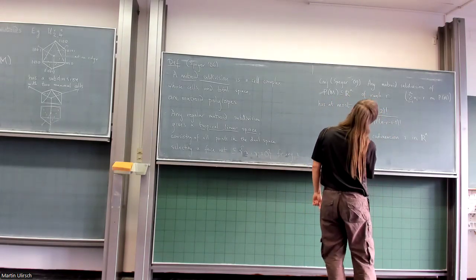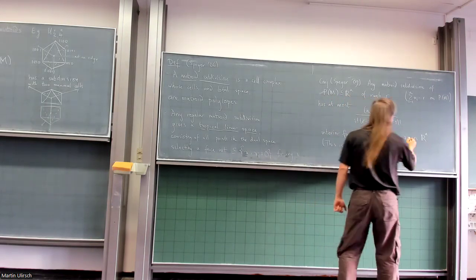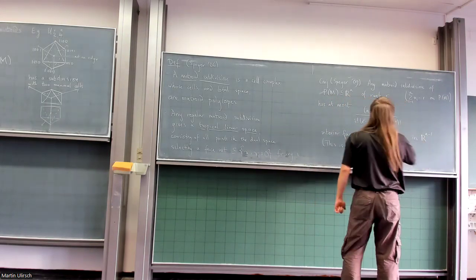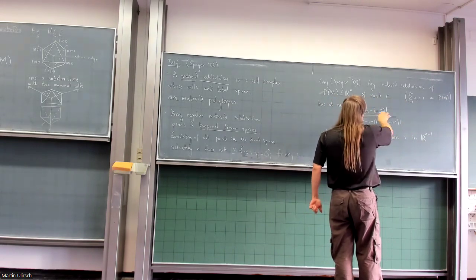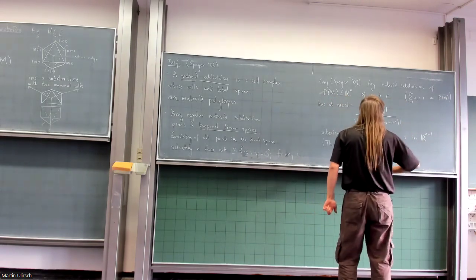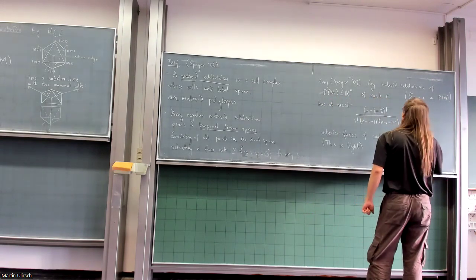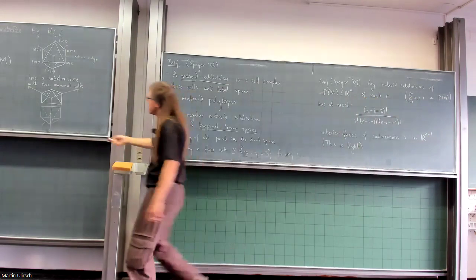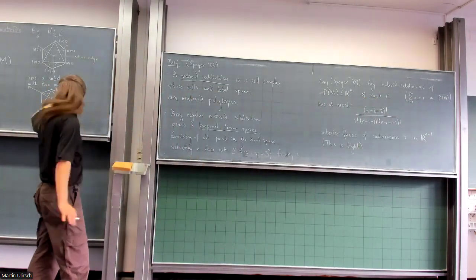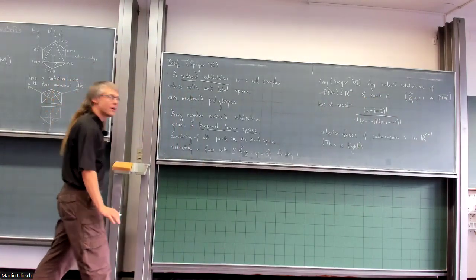That doesn't seem right. Maybe this should be, okay, 4 minus 0 minus 2. Choose 4 factorial over 2 factorial, 2 factorial. That looks good. That gives me 2. And if I want faces of codimension 2, I get 1. So this is the kind of thing that attains the bound.